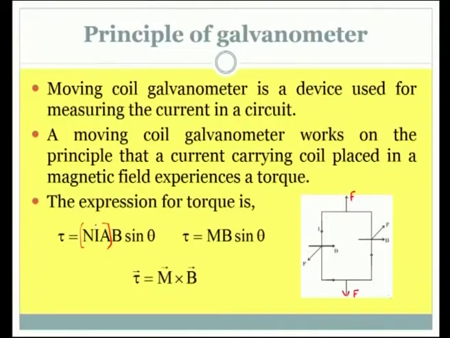The main quantity I would like to highlight here is that it depends on the current I. So, this equation could be used for finding the current itself in terms of the torque. So, this is the basic idea of the instrument, the moving coil galvanometer.